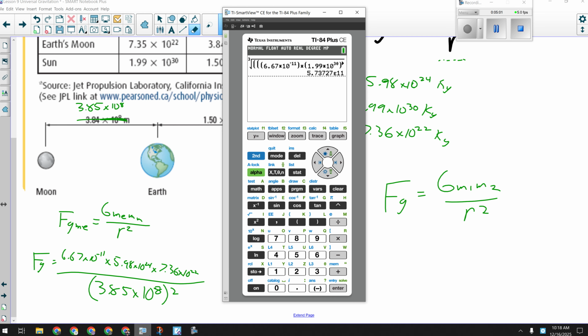So if I punch all that in, 6.67 e negative 11, 5.98 e 24, 7.36 e 22, divided by 3.85 e 8 squared, we're looking at 1.98 times 10 to the 20 newtons.